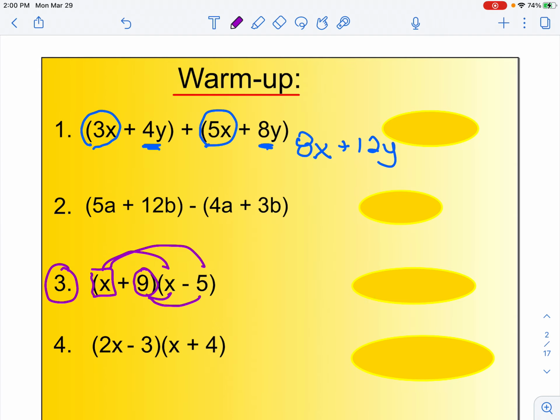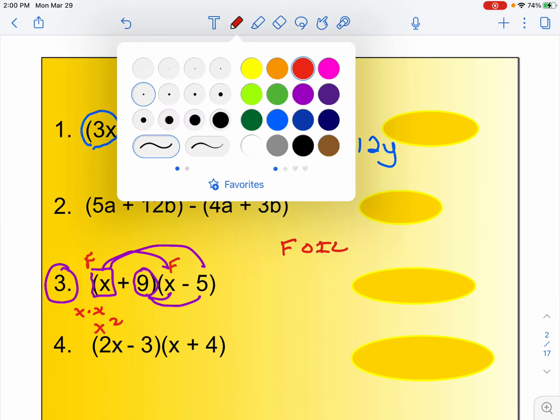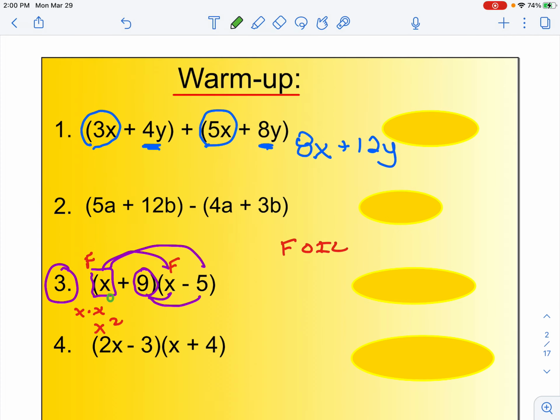So when we multiply this first term and this first term together, that's the F in FOIL. That's the first term in each parenthesis, and that would be x times x, which gives us x squared. If we multiply the O, that is our outside terms. So this term is on the outside and this term is on the outside.